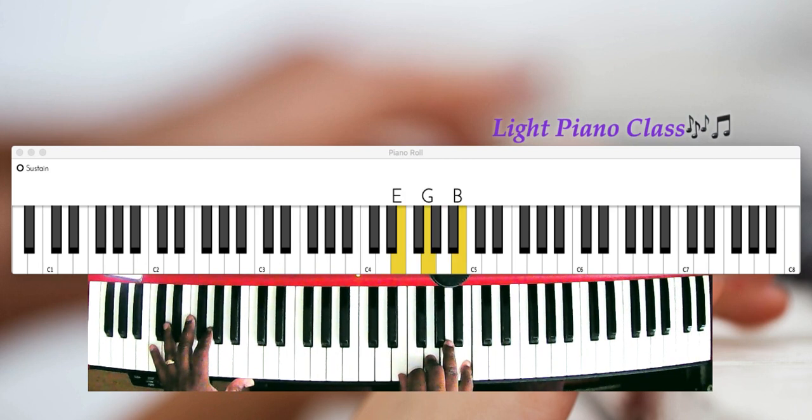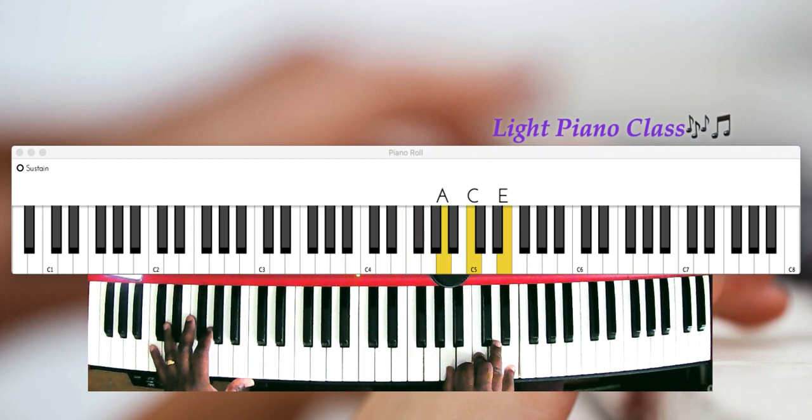E is the 3 minor, which is the E minor triad. F major triad, G major, A minor triad, B diminished, and then back to C.